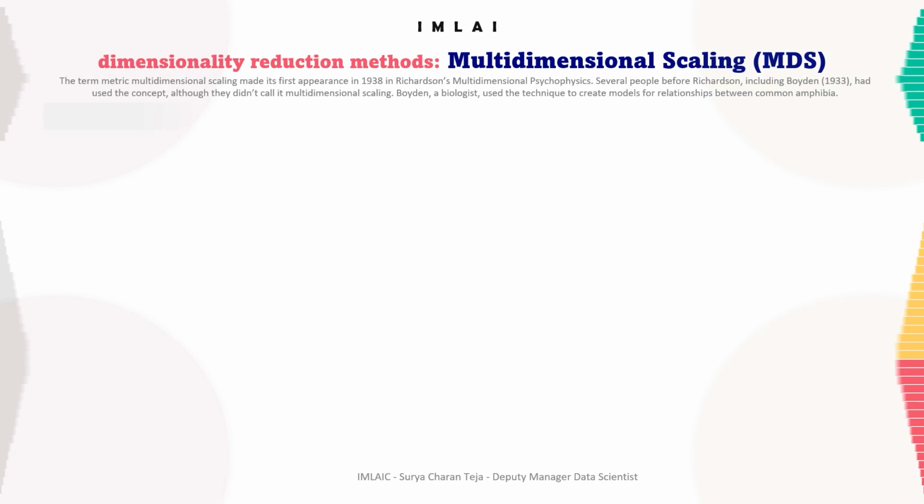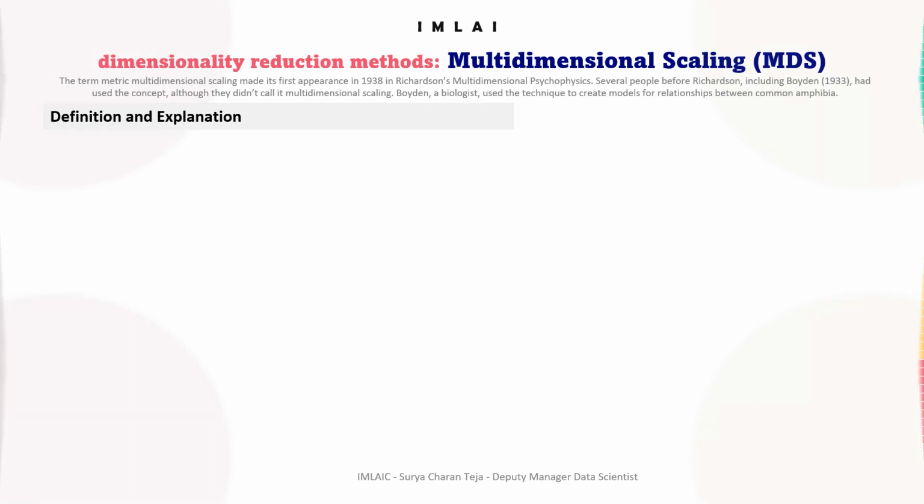So now let's see the definition and explanation of multi-dimensional scaling. Multi-dimensional scaling is a dimensionality reduction technique used to visualize and analyze the similarity or dissimilarity between data points in a high-dimensional space.